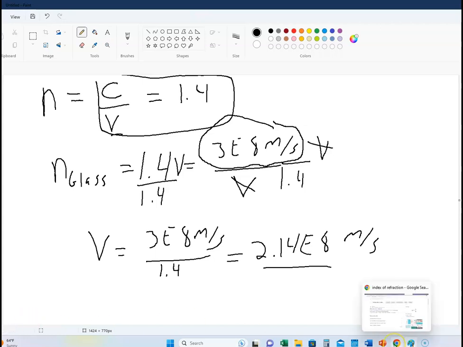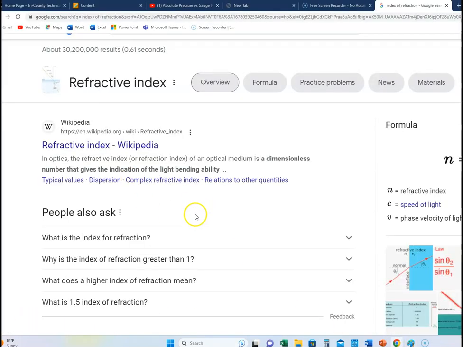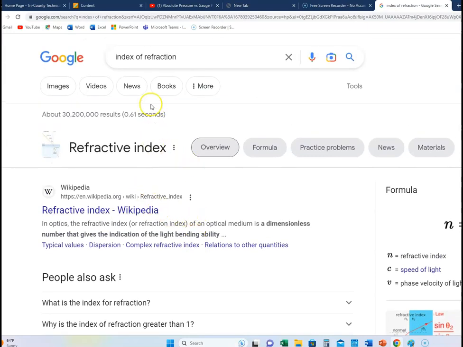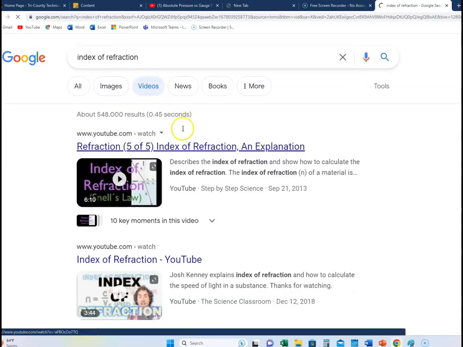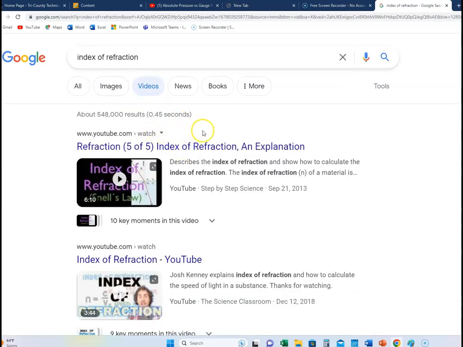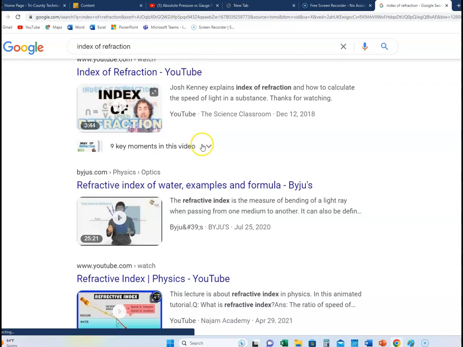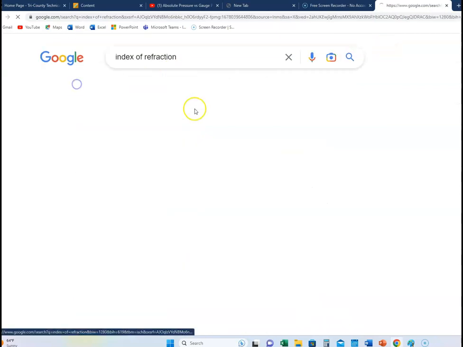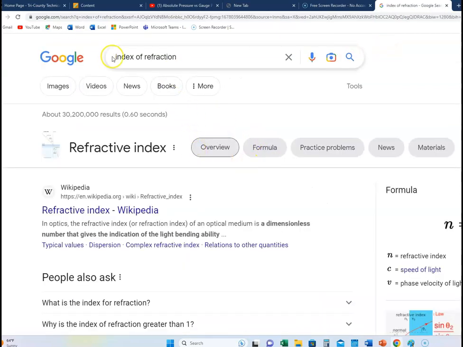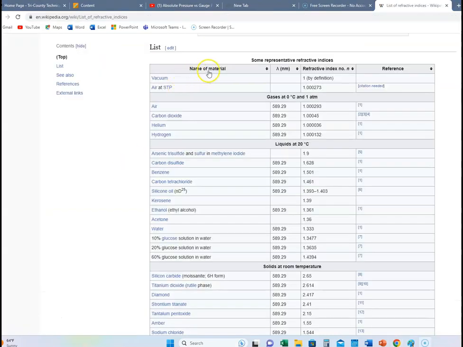Let's see if I have some different indexes of refraction. Here, these are some different materials.